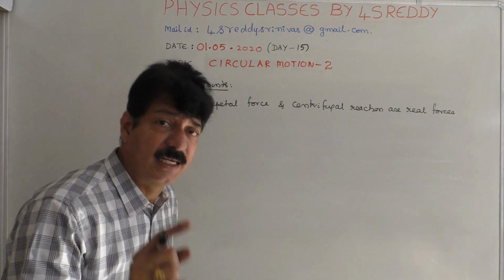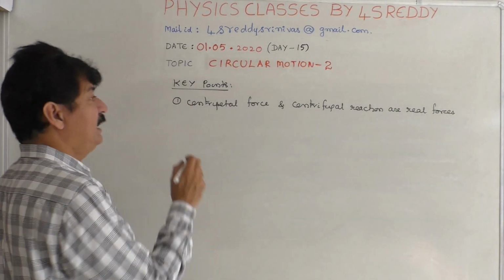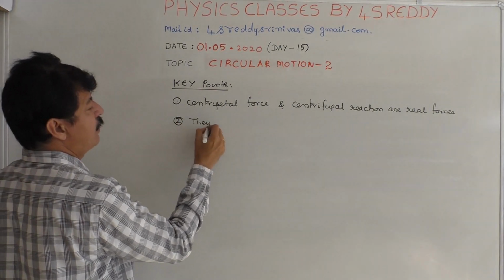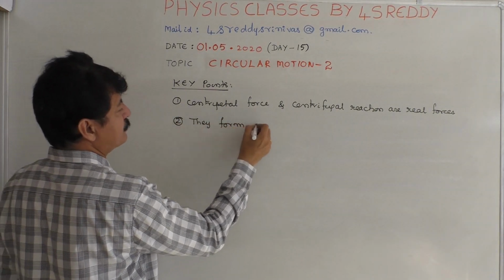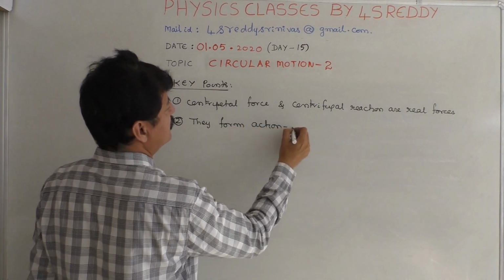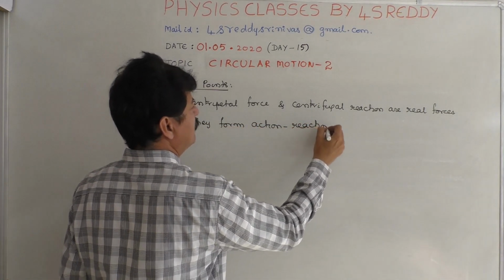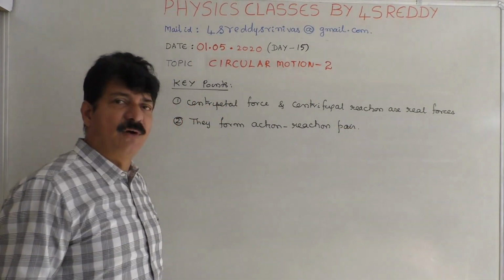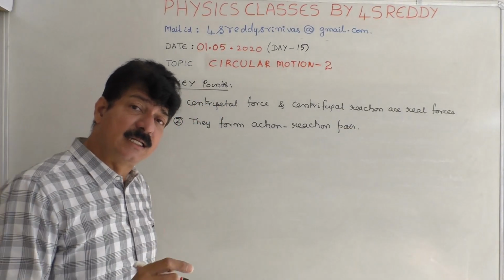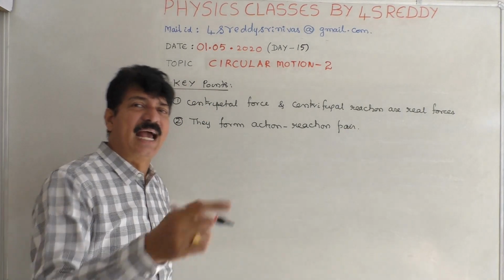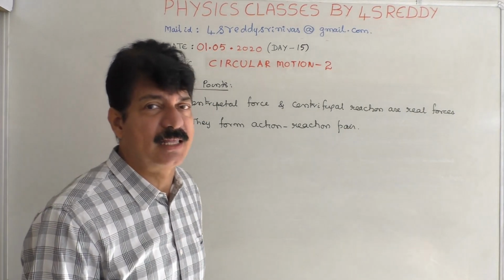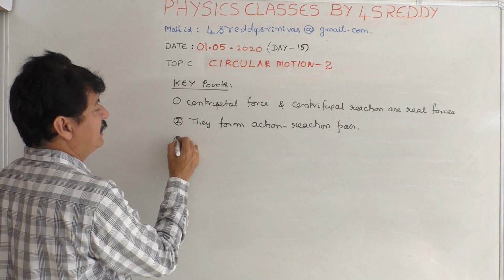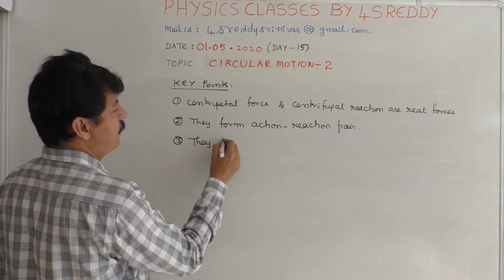The second one is they form an action-reaction pair. If they form an action-reaction pair, do they cancel each other? No, because action is on one body and reaction is on another body, according to Newton's third law. Therefore, they do not cancel each other.